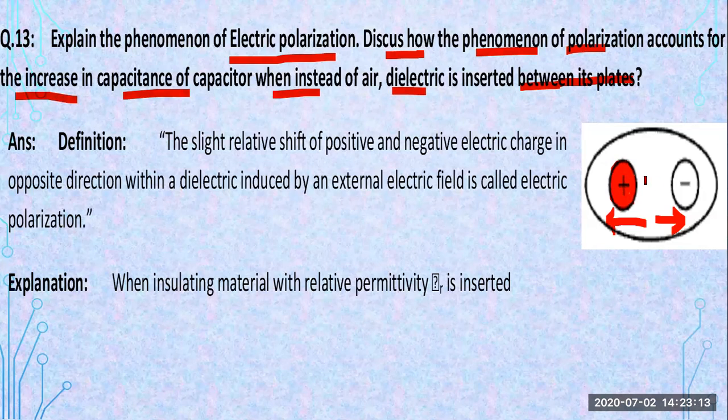But when we apply the polarization process, the nucleus moves to one side and the electrons are attracted to the other side. So one end looks positive and the other end negative.